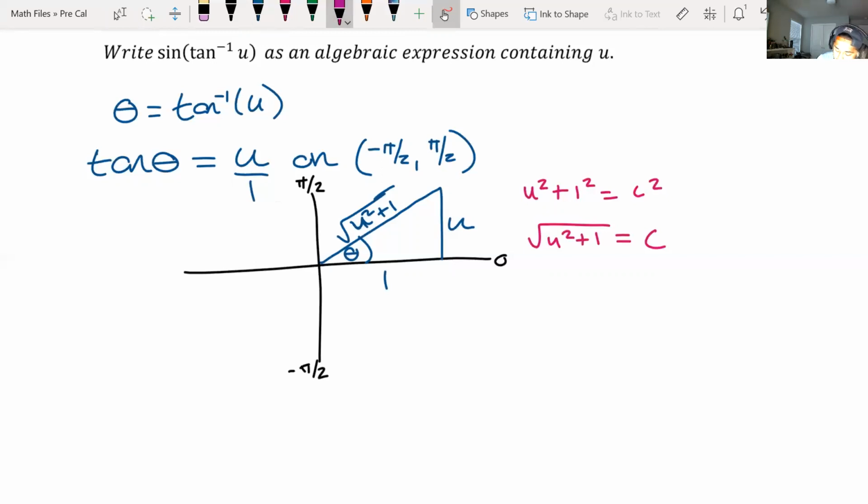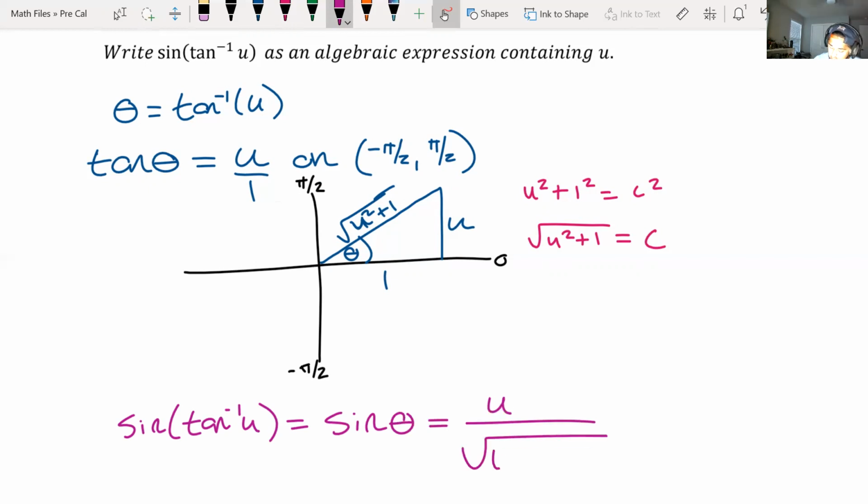And we now have, well, first I'll rewrite it. Sine of the inverse tangent of u became the sine of theta. Now look at this triangle, and what is the value of sine at theta? U over the square root of u squared plus 1, but then you have to rationalize. I don't think you have to.